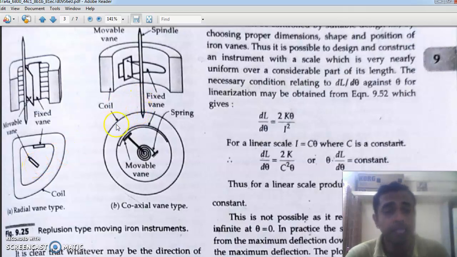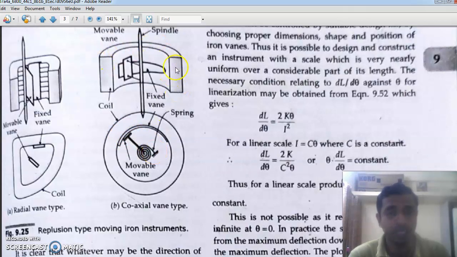The other is the coaxial type. This is actually a complete drum type, a cylinder type. That is why it is called a coaxial type, and the vane is also a semicircle. Here also we have a fixed vane which forms a part of the circle, and we have another movable vane here.